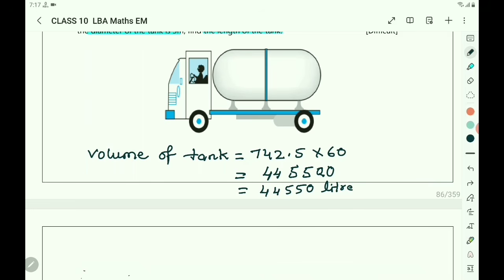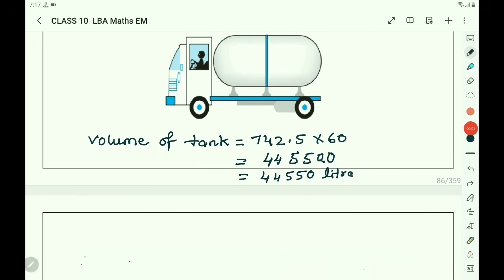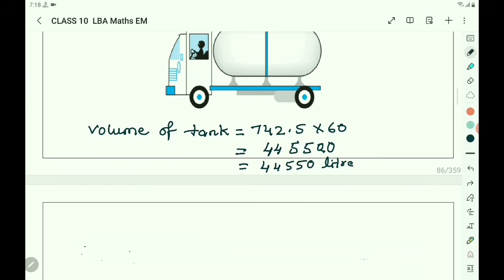How much liter? 44,550 liters. We have to convert these liters in terms of meter cube, cubic meter, means we have to divide it by 1000. Then you write that equals 44,550 divided by 1000. 1000 liter means 1 meter cube, 1 cubic meter. 0 0 cancels.